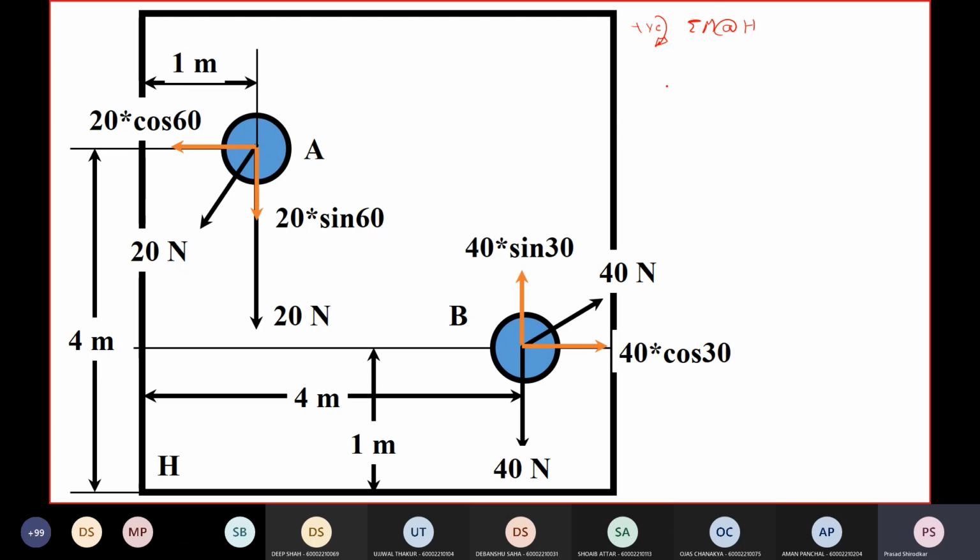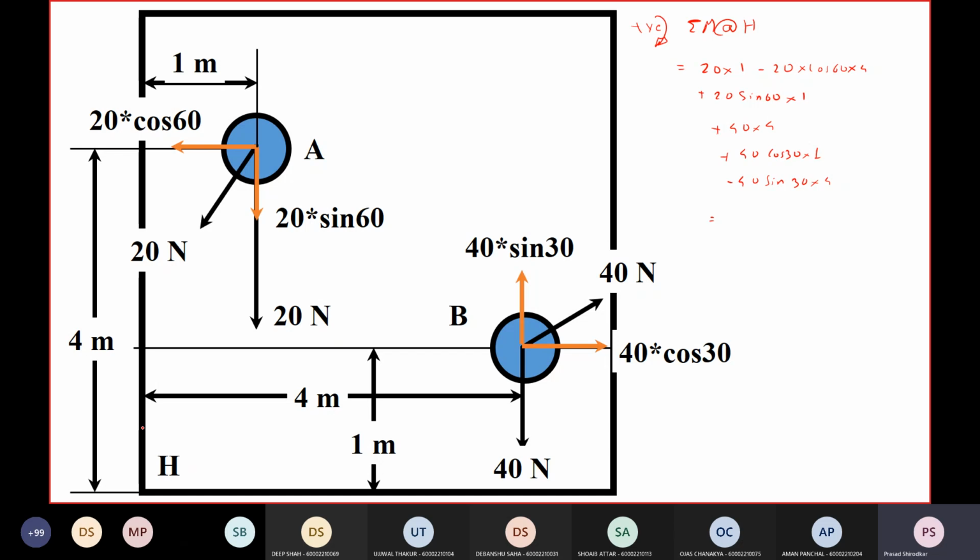Okay, so that is equal to 20 into 1 minus 20 cos 60 into 4 plus 20 sin 60 into 1 plus 40 into 4 plus 40 cos 30 into 1 minus 40 sin 30 into 4.